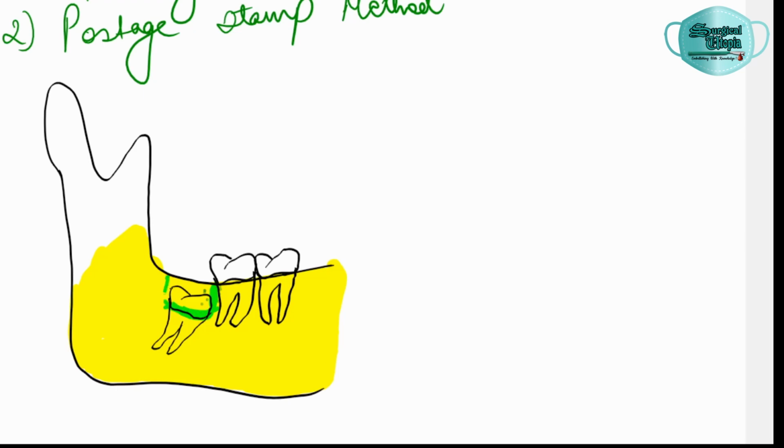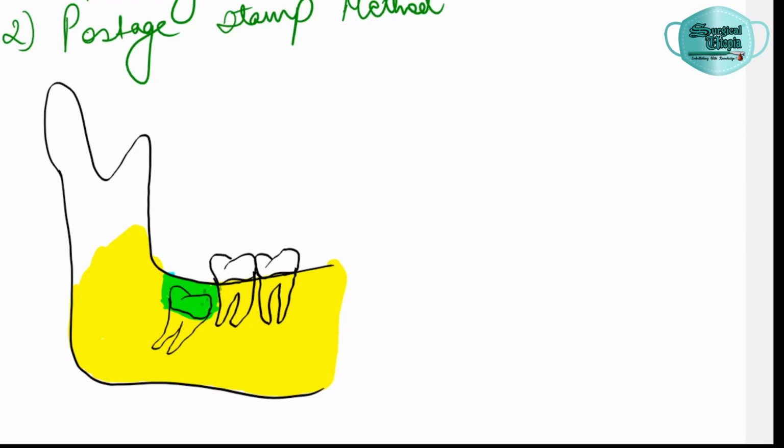The bone is cut on the buccal aspect of the tooth, and then guttering is done on the distal aspect also at the same depth until the burr reaches the medullary bone. Also at the distal extension, the distal lingual spur of the bone should be removed in order to remove the obstruction for the removal of the tooth.